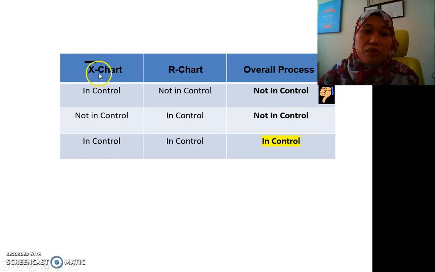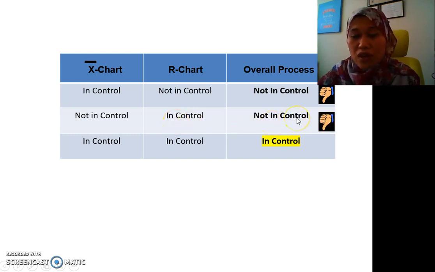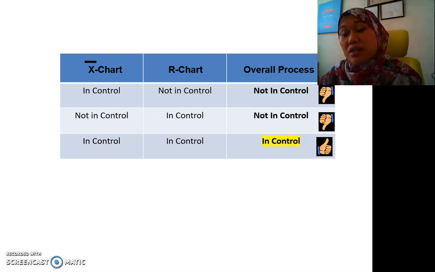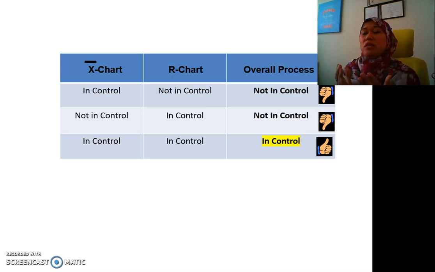And if the X bar is not in control and the R chart is in control, the overall process is still considered not in control. What we're looking for is that both the X bar chart and R chart must be in control, so that we can conclude that the overall process is in control and in good condition. So the X bar chart needs to be read together with the R chart so we can make the conclusion for the overall process. Okay, thank you.